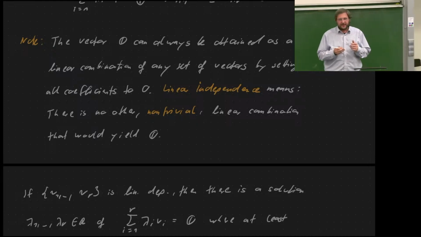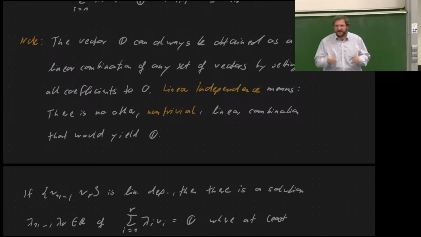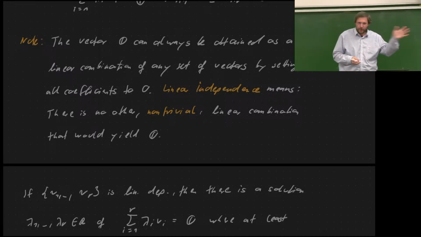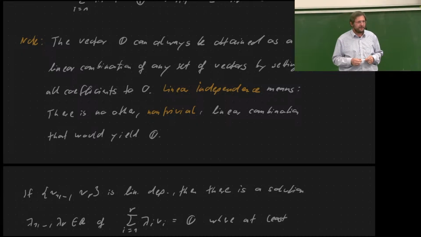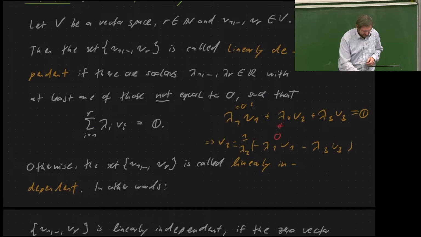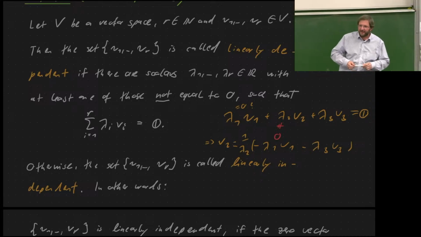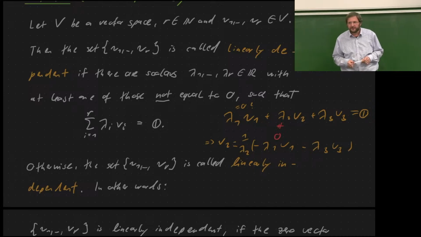Now, what is the more interesting case for us is not linear dependence, because if I have linearly dependent vectors, that means I can throw away at least one of those without changing the span. What is more interesting is the case of linearly independent vectors. And that means, well, basically the opposite. That means this here can only be solved by setting all the lambdas to 0. There's no other solution. Then I call the vectors linearly independent.